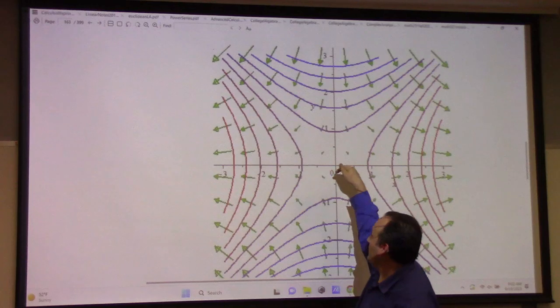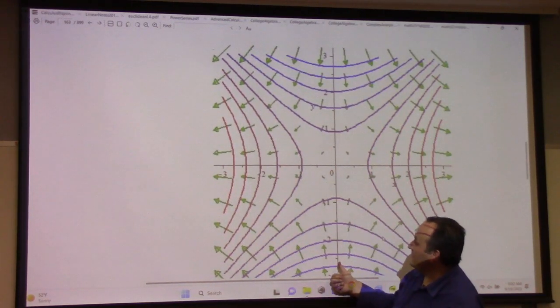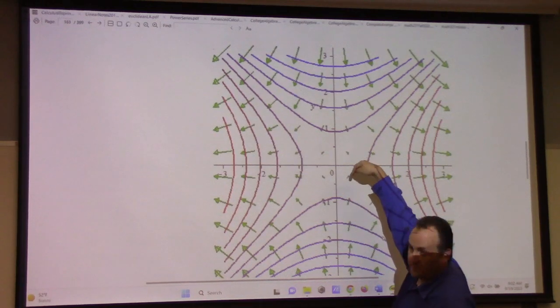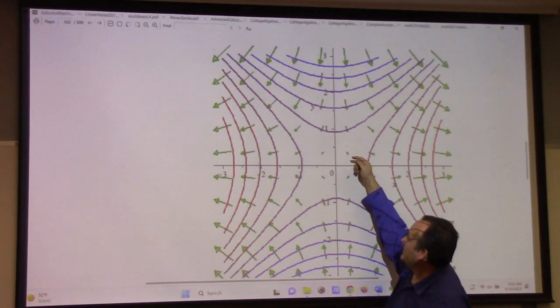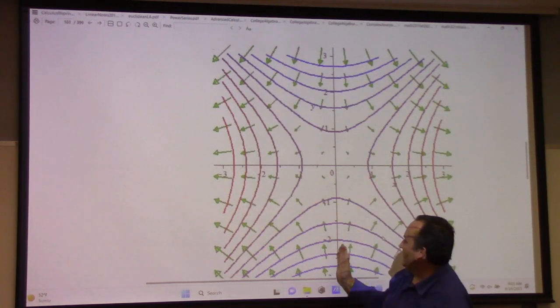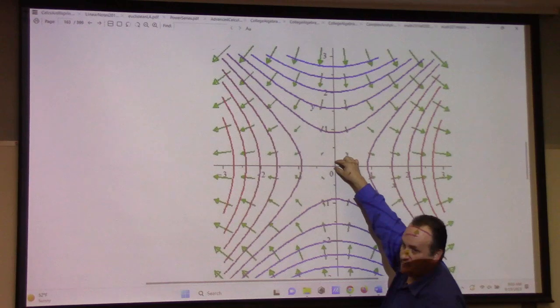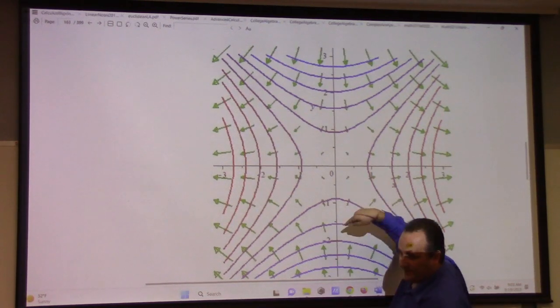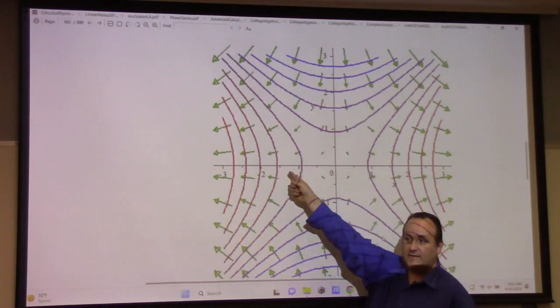So this is a maximum if we look along the y-axis, but it's a minimum if we look along the x-axis.